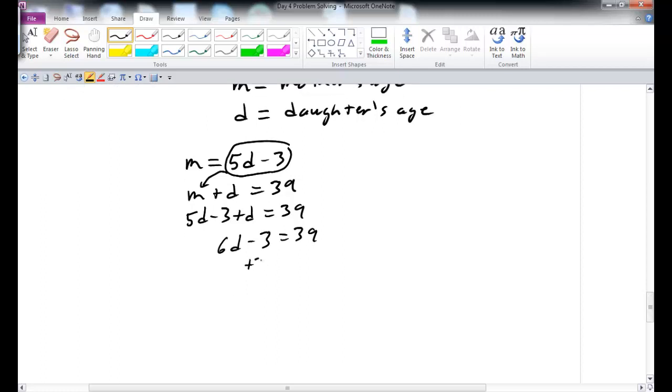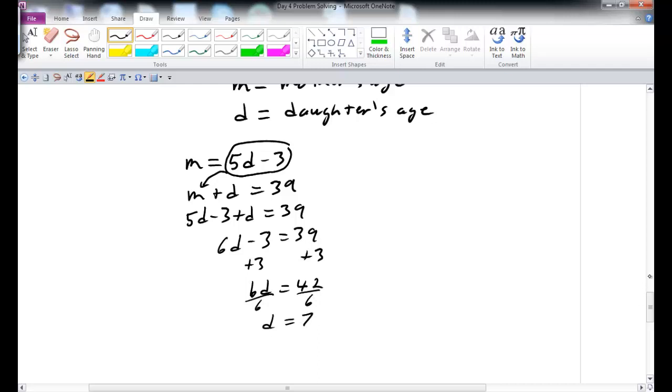I would add 3 to both sides. 6D equals 42. It's looking good. Now I divide both sides by 6. D equals 7. So we said the daughter's age was 7.